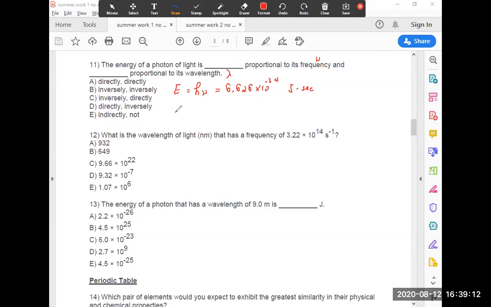And then also, we know that the frequency is equal to c over lambda, where c is the speed of light, 3.00 times 10 to the 8, divided by the wavelength.